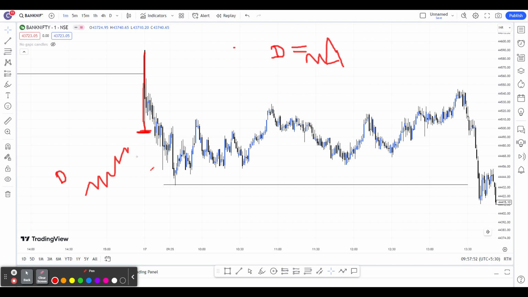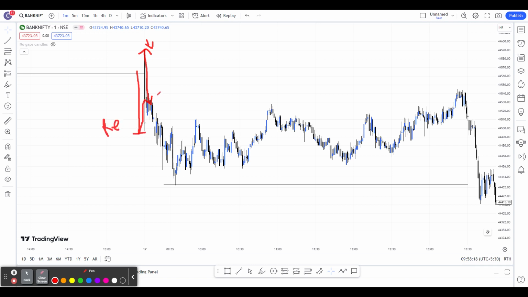Sorry guys, you can see the market opened from this level, which I mentioned mistakenly. The market opened from this level and pushes down, and the recent demand takes place from here to here. So this area is our recent demand.